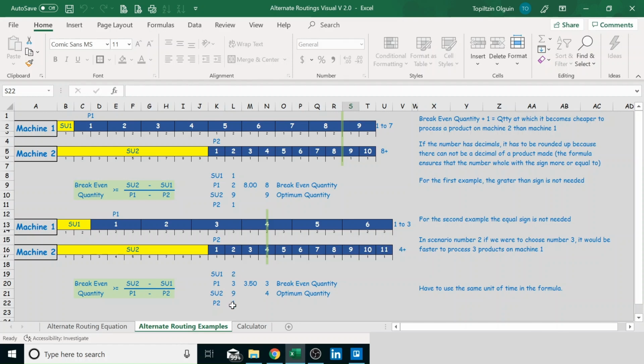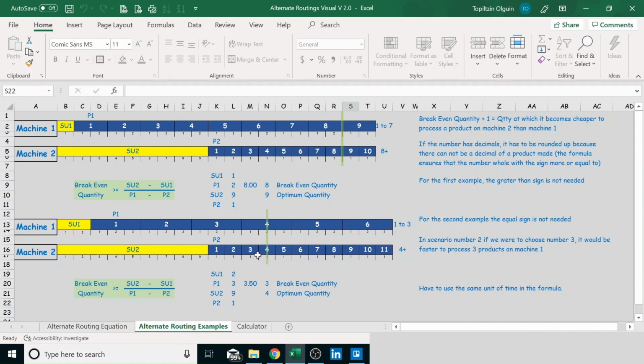So we substitute these numbers in the formula, and we end up with 3.5 pieces. That's a break-even quantity. When we have to build 3.5 pieces, it doesn't matter if we build it on machine 1 or machine 2, it's going to be the same amount of money. Problem is, we cannot, for the most part, or it doesn't make sense to, have half of the fourth piece built on machine 1 and then half on machine 2.